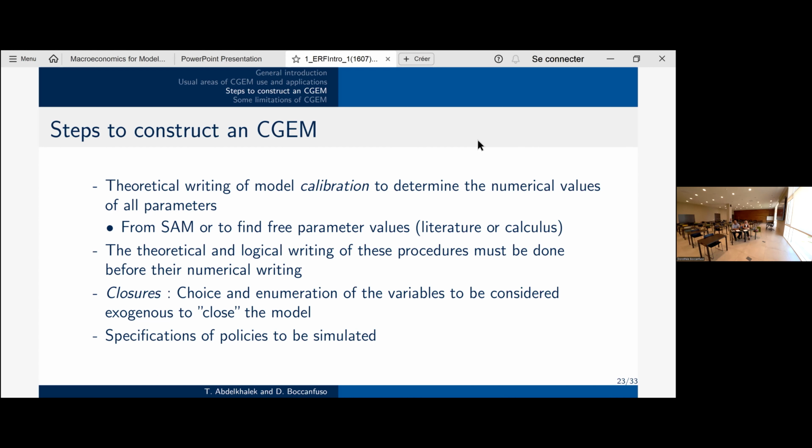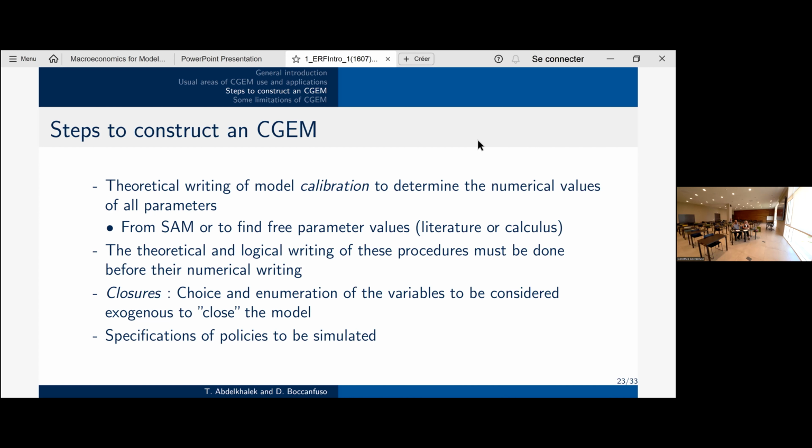Some of you are coming from econometrics, like me, but when we are looking at calibration, it is a particular manner to estimate the parameters of the model. We do not have to use least squares or GMM or other methods.